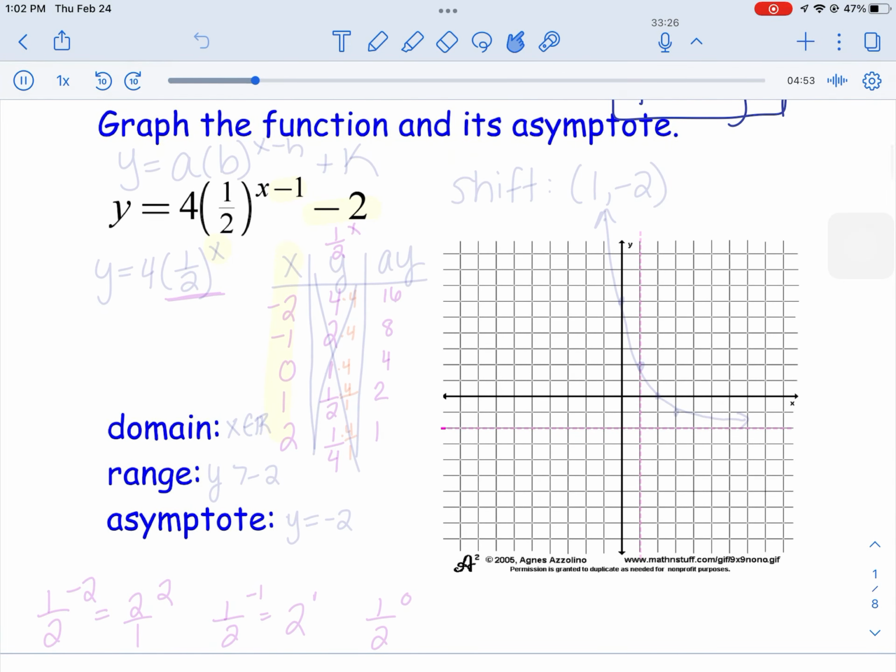All right, graphing. It's been a long time since we've graphed exponential functions. So just to start as a reminder, the general form of exponential is a times b to the x minus h plus k.